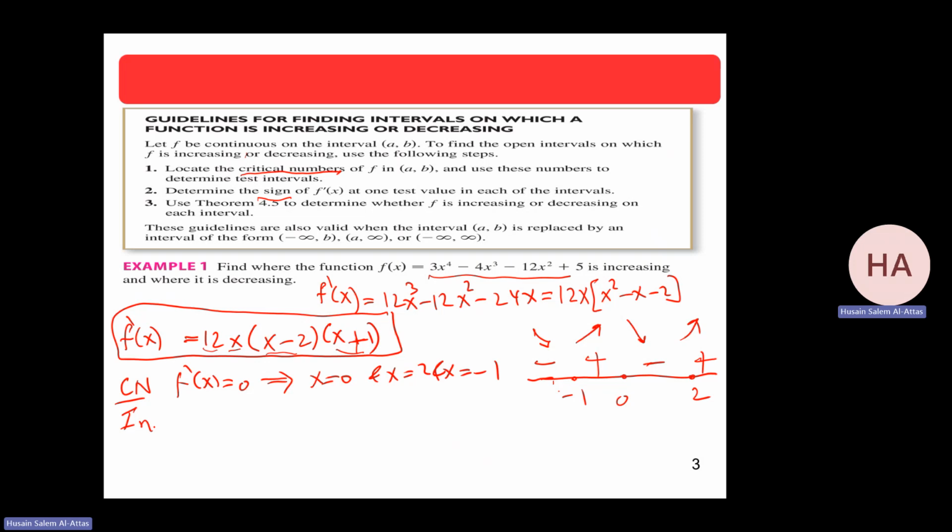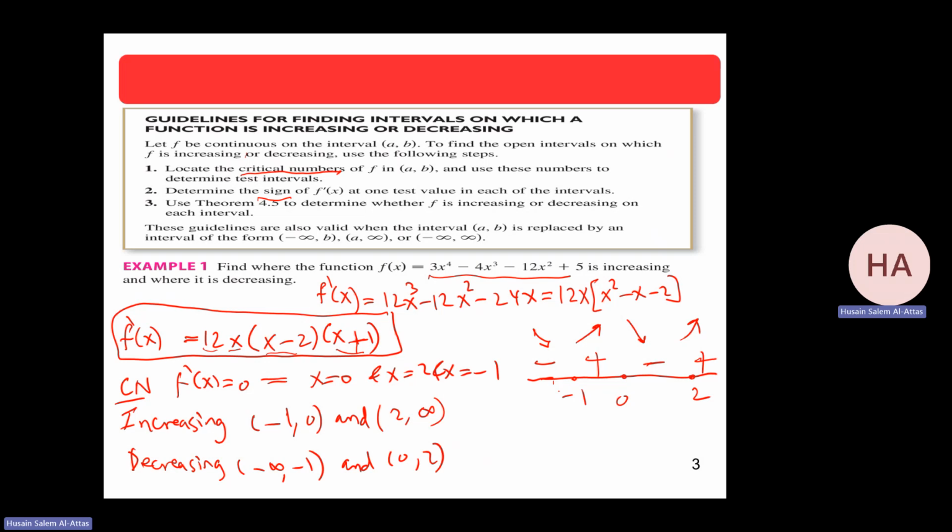So you can say increasing from minus 1 to 0, and from 2 to infinity; decreasing from minus infinity to minus 1, and 0 to 2.